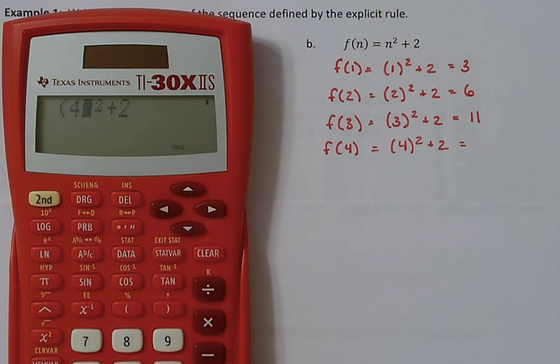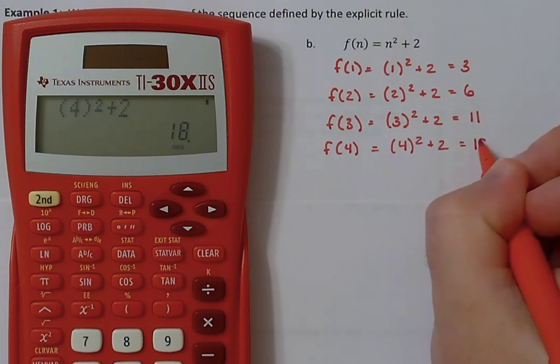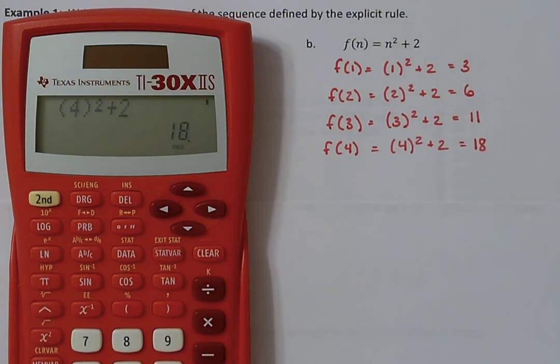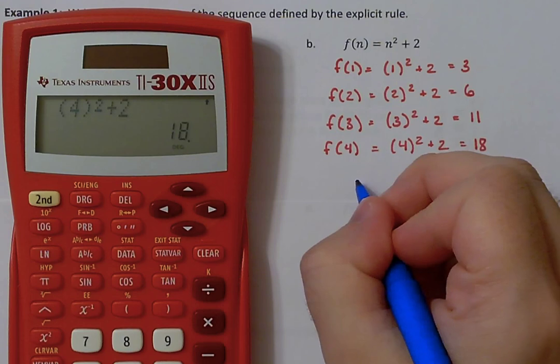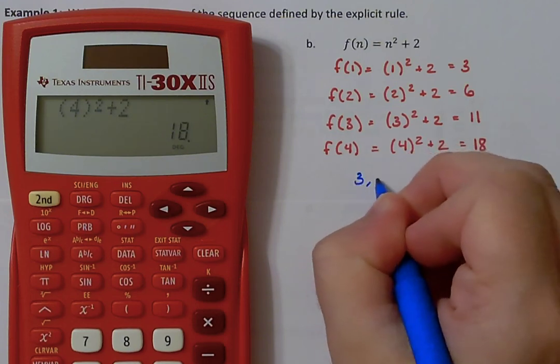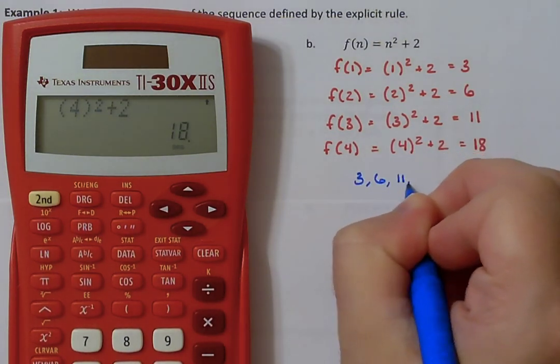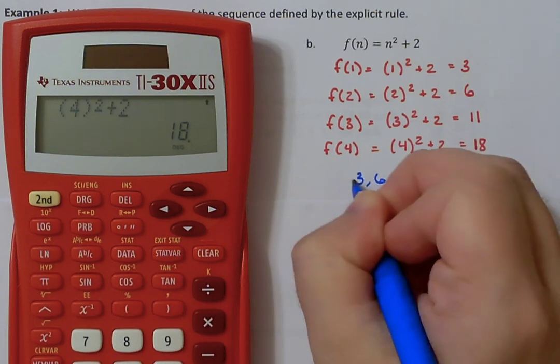And then 4 to the power of 2 plus 2 is 18. So my terms are 3, 6, 11, and 18. And those are going to be my first 4 terms of the sequence, and thus my answer.